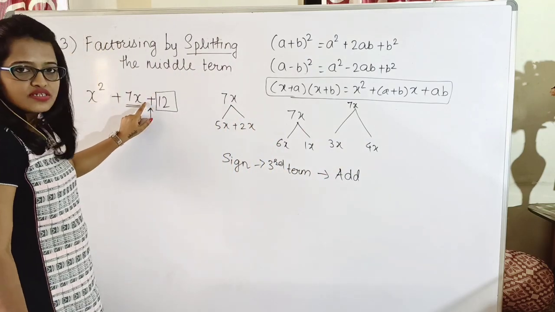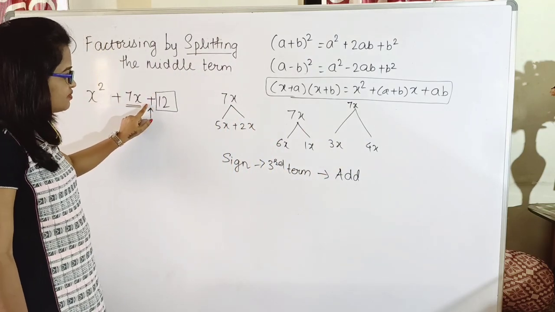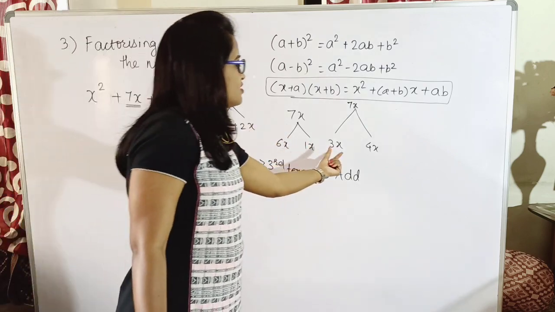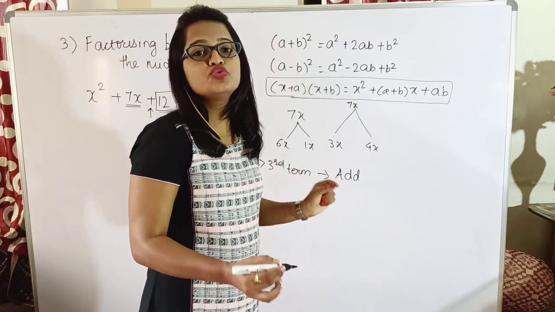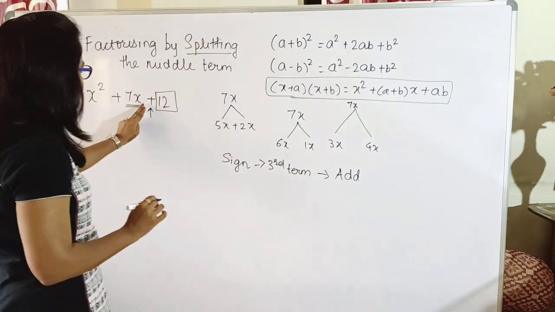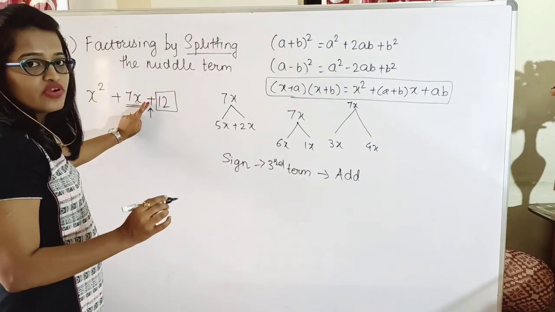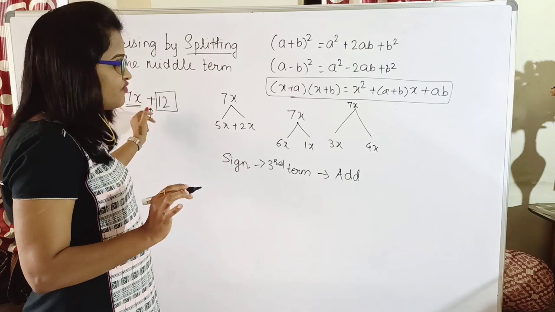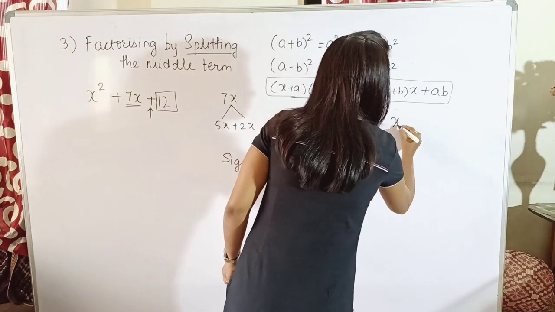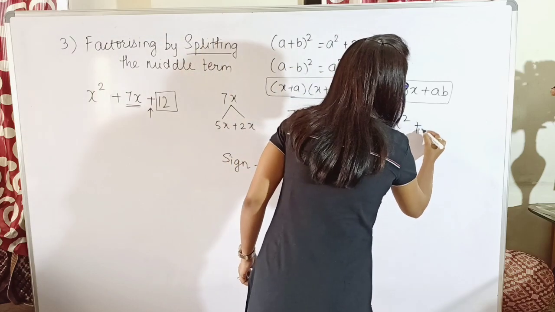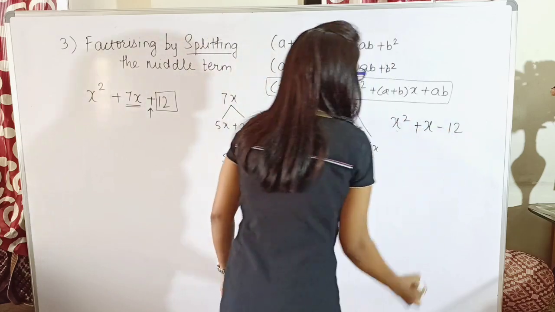The sign of the third term, here it is plus, it means whatever splitting I am taking of 7x, that has to be added. If here it would have been minus, then I would have taken subtraction. We will be looking at that question also. Or let us take x square plus x minus 12.